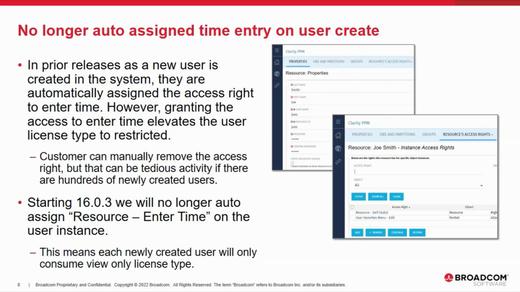Starting 16.0.3, we have made a change to that logic, and now we will no longer auto assign the right for resource enter time. This is only for newly created users. Existing user types will not be changed or modified as part of this release.